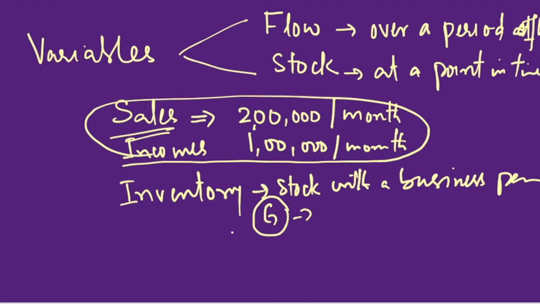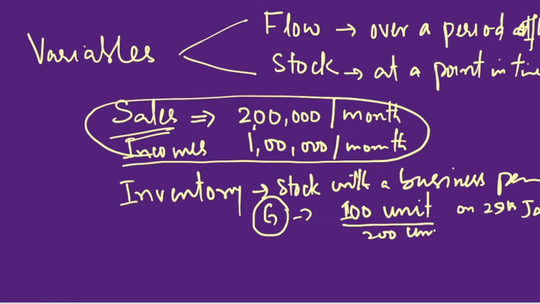And if you ask somebody how much stock do you have of a particular commodity, he may tell you, I have got 100 units at this point. Or he could tell you that on 29th of January I had 200 units.